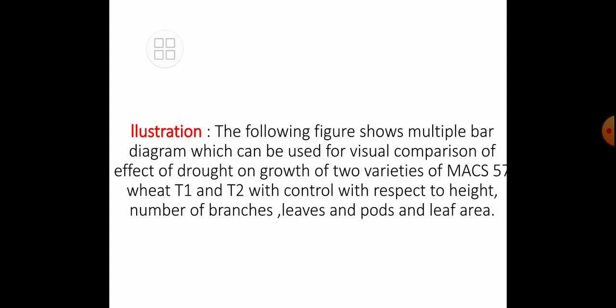My friends, you have to keep in mind this multiple bar diagram is used to compare magnitude of 2 or 3 variables, or for the comparison of 2 or 3 aspects of the same variable. Means a group of rectangles representing different characteristics for one community or population are shown side by side.